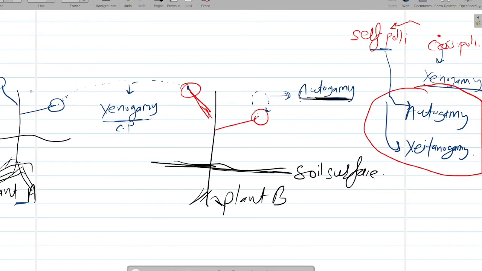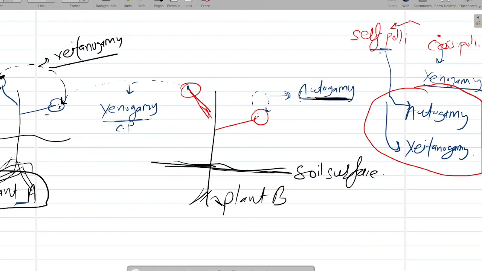Now if you take a look at the flower of plant A, if pollen grains come out of this flower and are put on the stigma of this other flower, the pollination process is happening on the same plant but on a different flower. This is a different flower. The pollen grain comes out from this flower and lands on this flower's stigma, so this process is called geitonogamy.